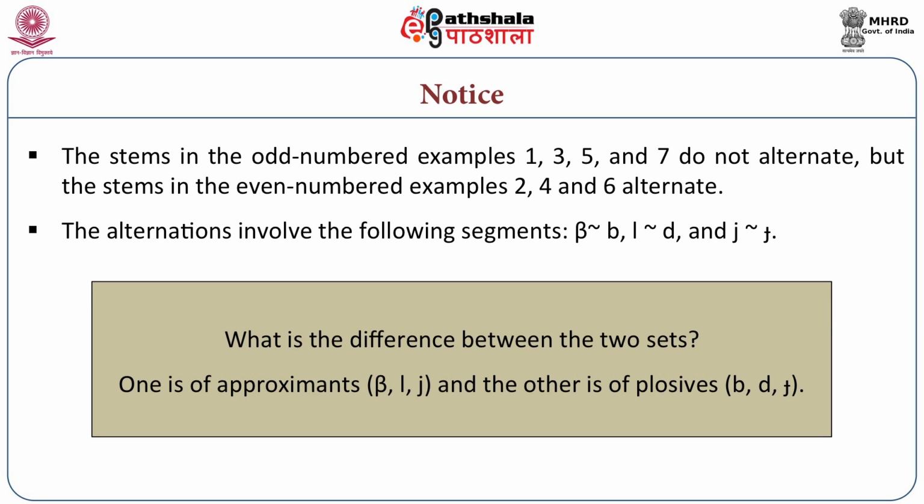What is the difference between the two sets? Notice that va, la and ya, all the three are approximants, whereas ba, da and ja are plosives. So we have approximants, va, la, ya, versus plosives or obstruents, ba, da and ja.